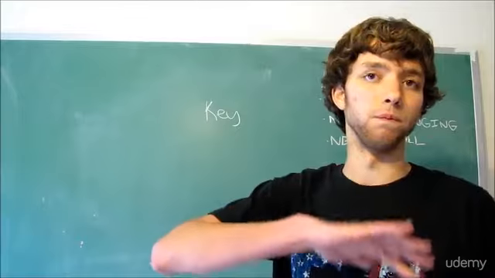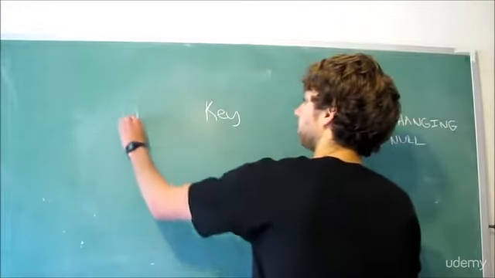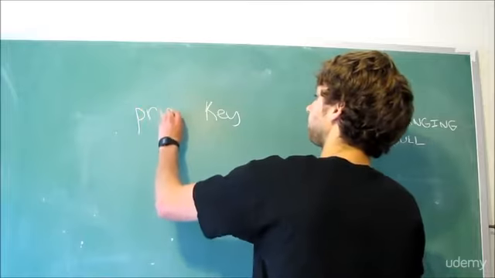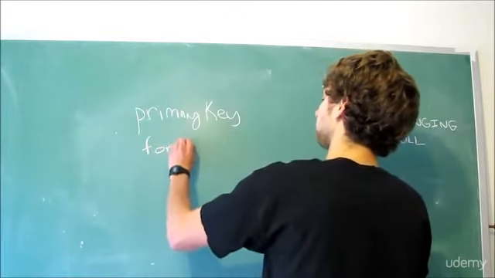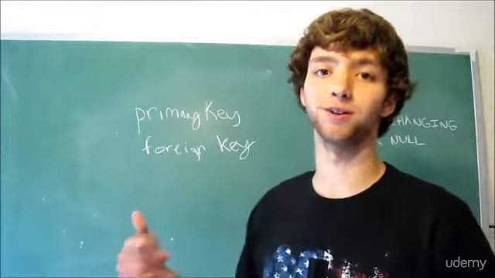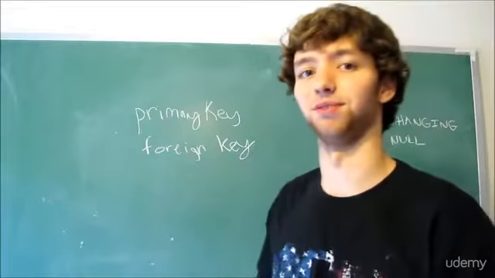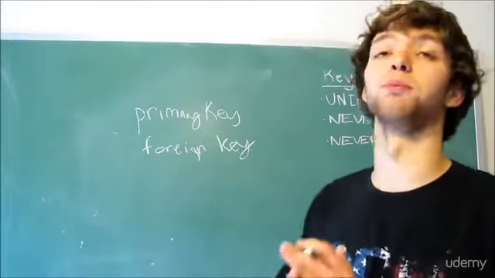Well, the main two types of keys that you're going to hear are known as primary and foreign. And actually, we're not going to be talking about these two kinds of keys in this video. Surprise! We're going to be going a little bit more broad.